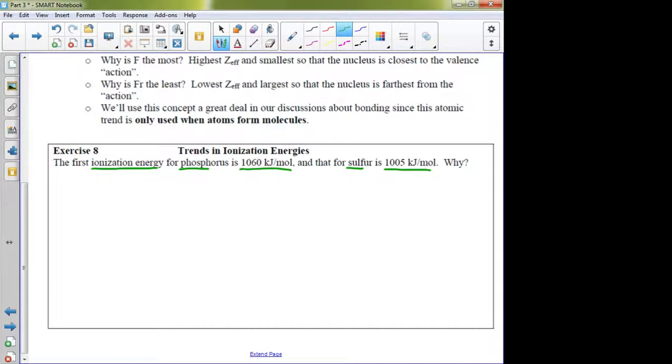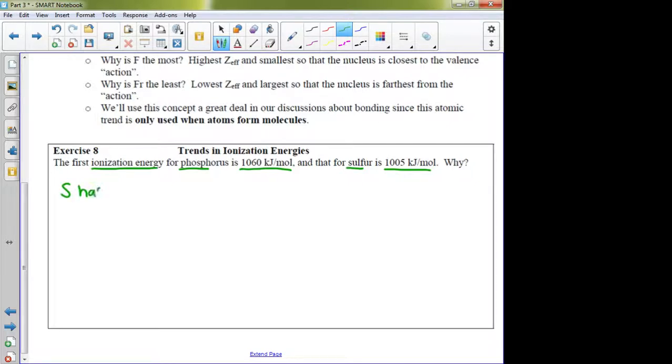I look at my periodic table and I say, phosphorus and sulfur are beside each other, or going up and down? Beside. So which argument am I going to use? The Zeff, the effective nuclear charge.